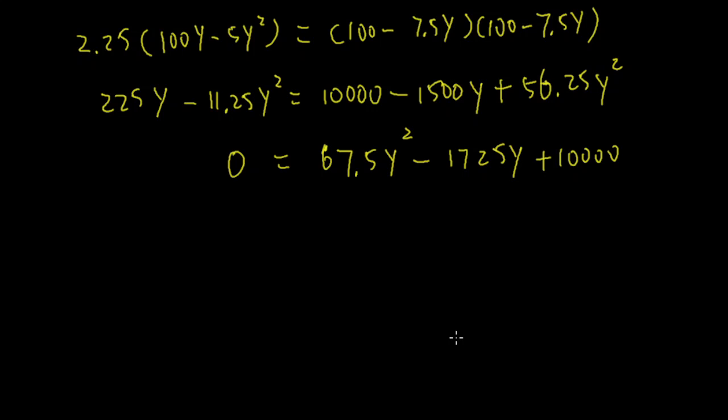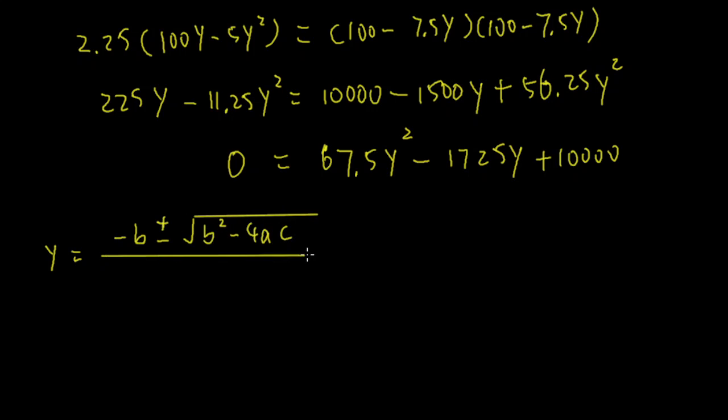How do you solve for y? Well, to make it easier, let's use the quadratic formula. The quadratic formula is y equals negative b plus or minus the square root of b squared minus 4ac, all over 2a. So a is 67.5, b is 1725, and c is 10,000.